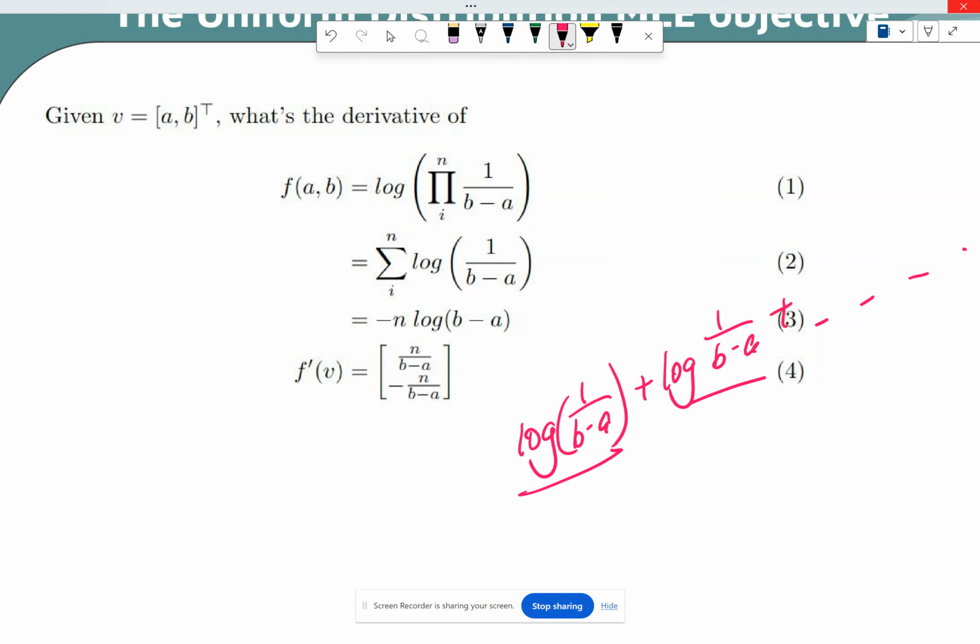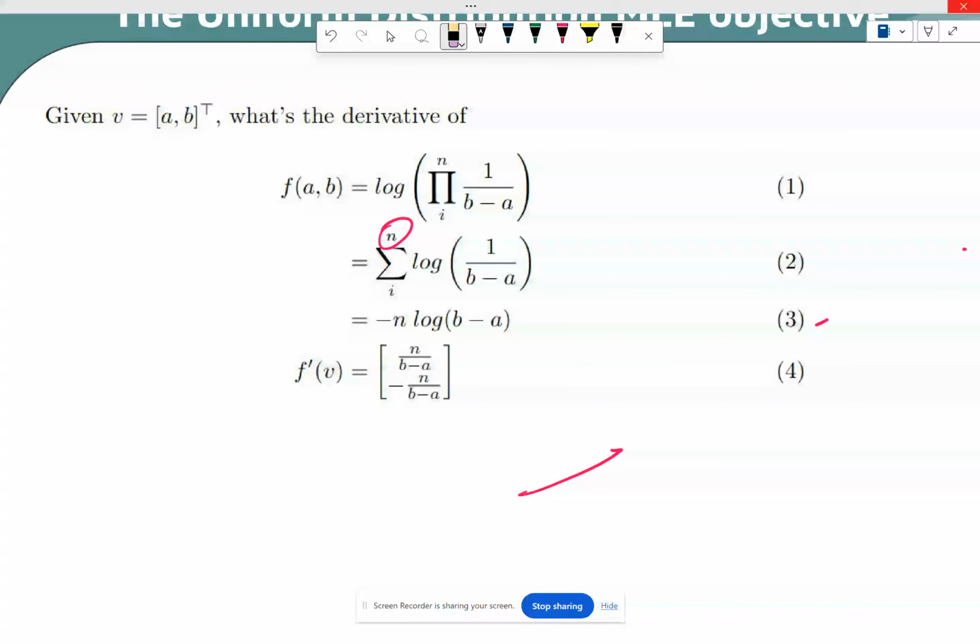So you're just adding this n times. Therefore, this is just n times log of 1 over B minus A.